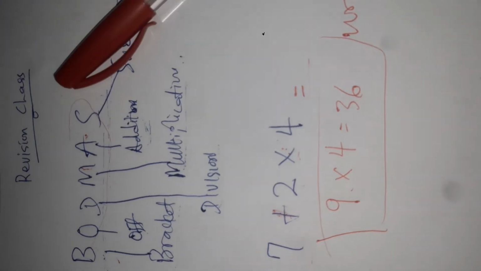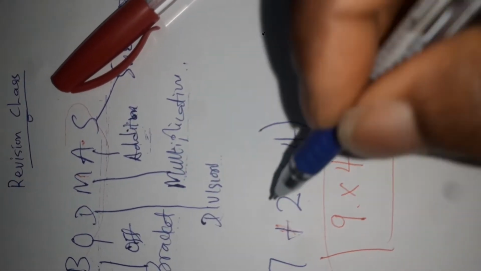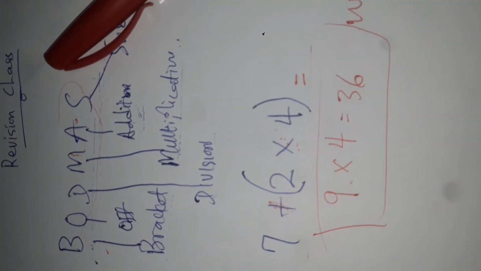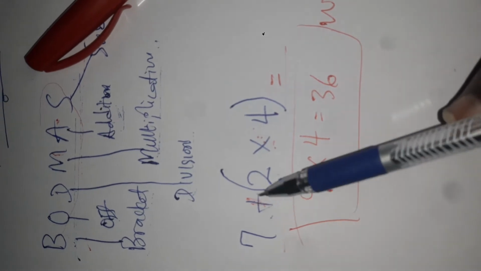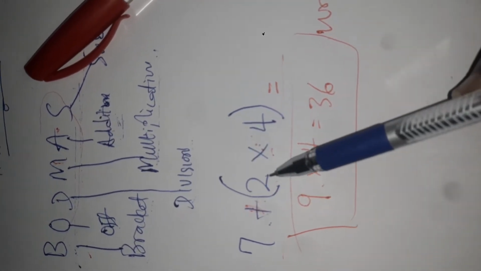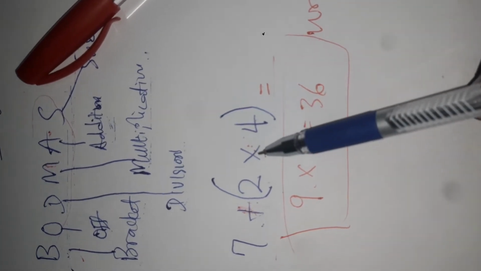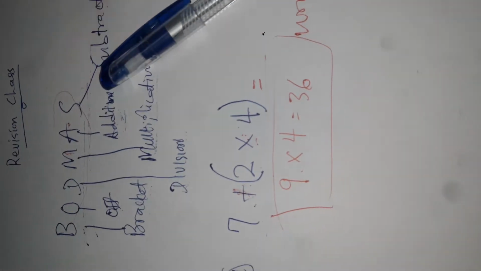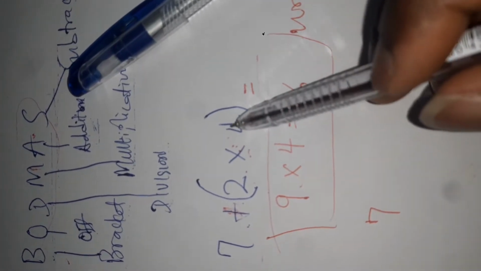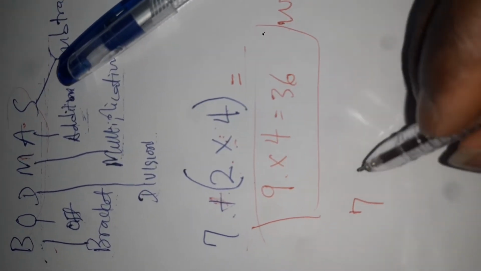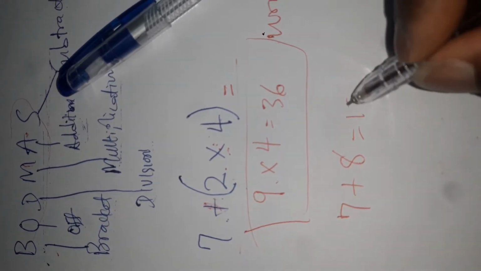So how do you do that? It can be easily done, just put a bracket, okay, so that you do not get confused. So I have 7 plus a bracket 2 multiplied by 4. So you are going to solve the bracket first, which is the multiplication. Now 2 multiplied by 4 is what? 8. So I have 7 plus 8. So my answer is what? Is 15.